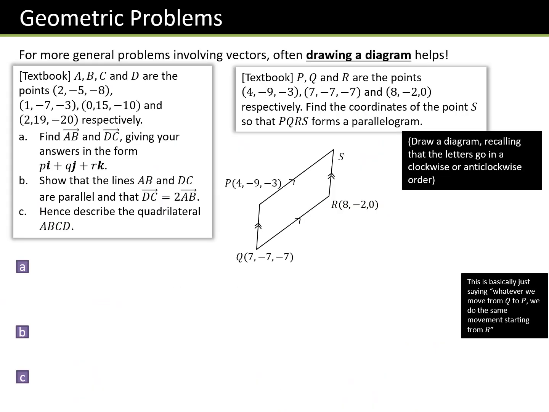Having a look at some geometric problems now, we are given the four corners of a shape and we're given them as coordinates. So because we're given them as coordinates, we can use the column vectors as position vectors. So if we're asked to find the vector A to B, using that reverse vector idea, it will just be B minus A. To get from A to B, we need to go back down A and along B. So we can just write the coordinates as position vectors.